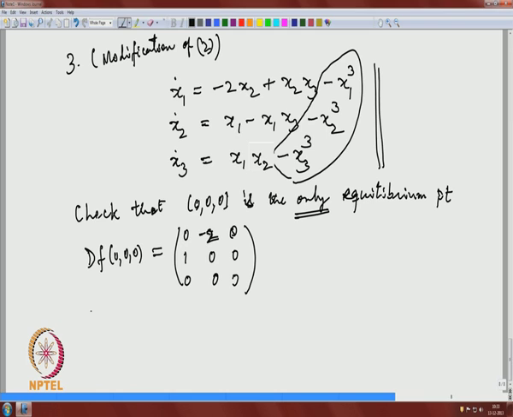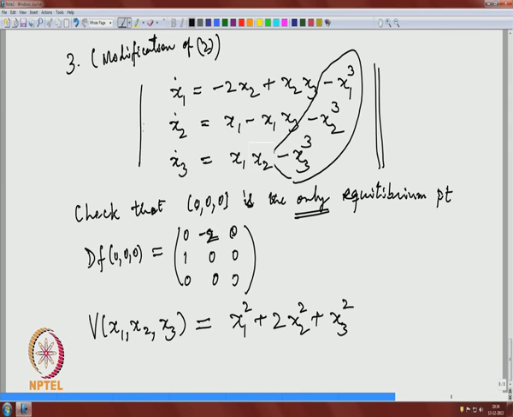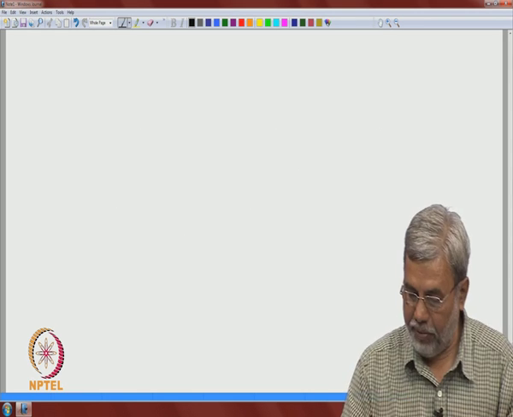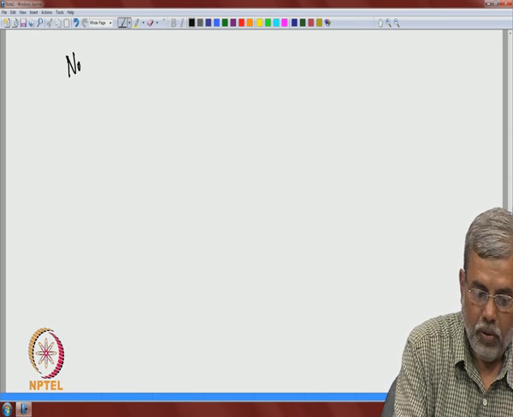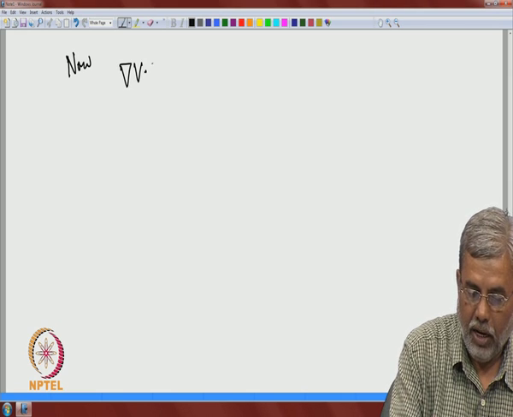So, again let us start from the previous example. Let us consider this, which has helped us in the previous example. So, again x 1 square plus 2 x 2 square plus x 3 square. So, it is a positive definite function, and now let us compute grad v dot f with respect to this system. Previously we computed grad v dot f for the previous system, and now grad v dot f for this one.